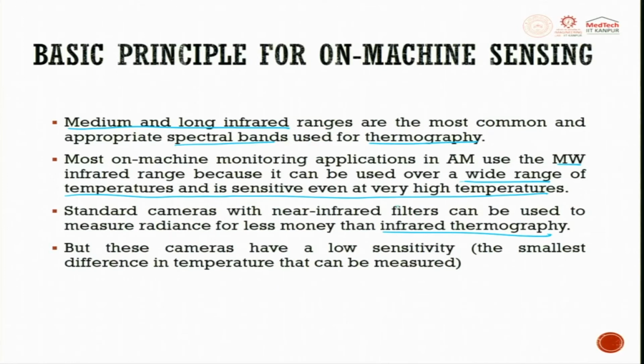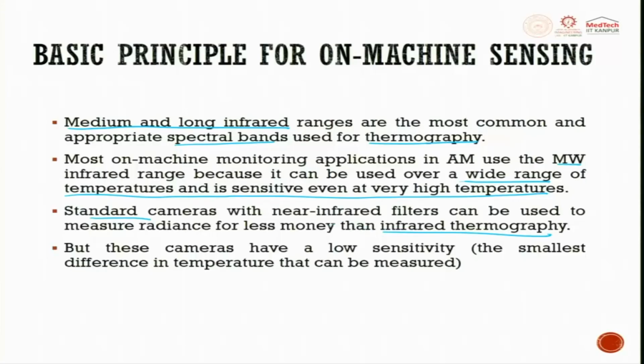If you remove the near infrared filter from the standard camera, for example the camera you use on a desktop, you can capture the infrared emission which comes, and that will be a low cost version of infrared thermography. What you get will be a picture, and that picture will be averaged out. From that you have to calculate the temperature. But these cameras have low sensitivity.